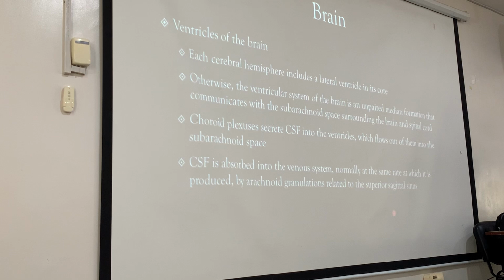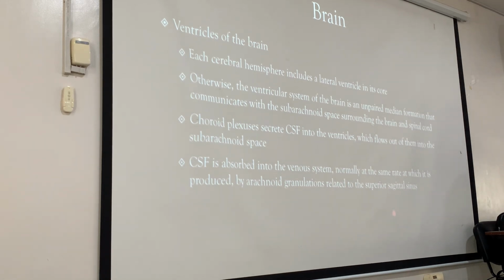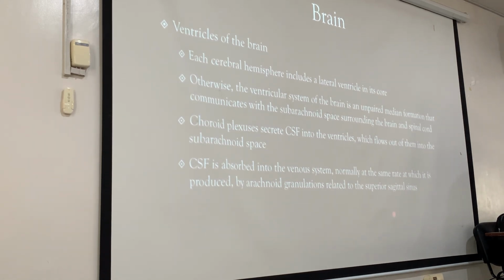So we produce CSF at a rate of about 500 cc every day, 500 ml. So that is also the rate at which the arachnoid granulations will reabsorb the CSF. And it will bring the CSF back to the superior sagittal sinus, where it will join the venous circulation.